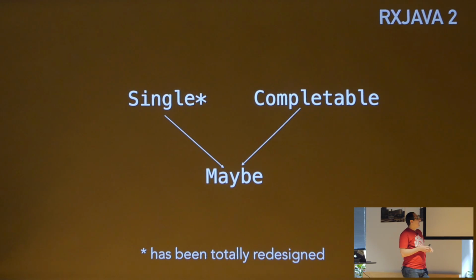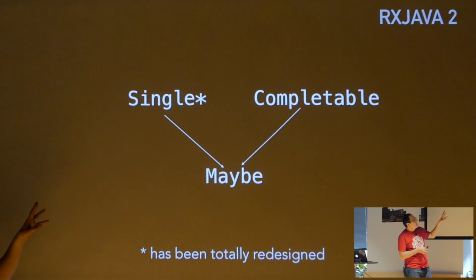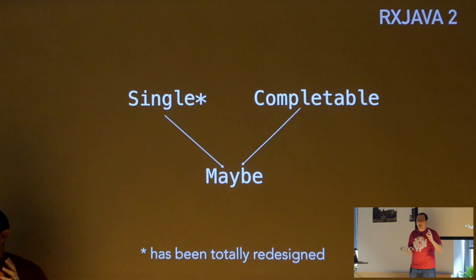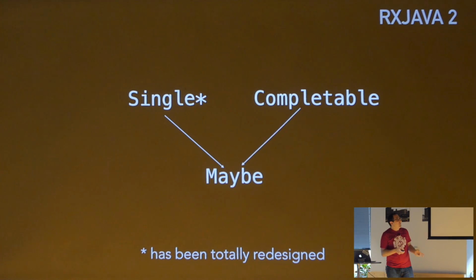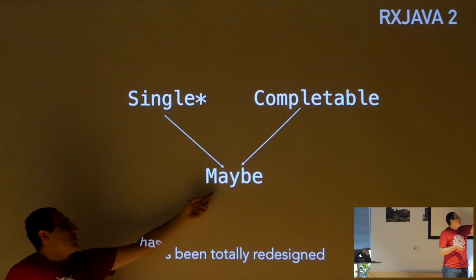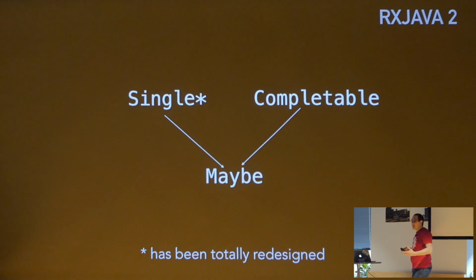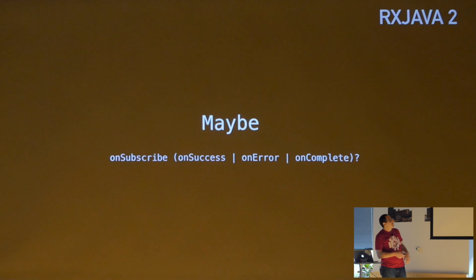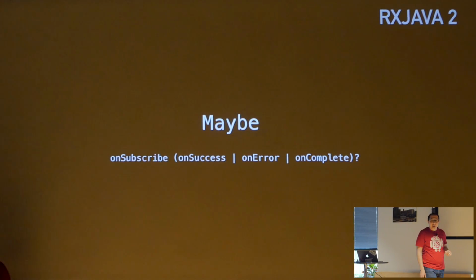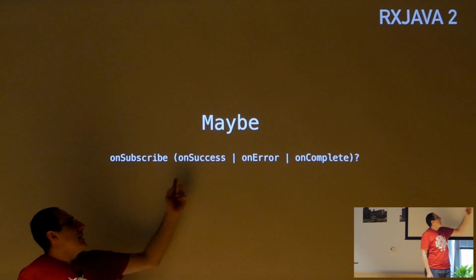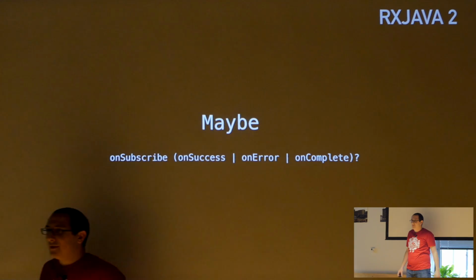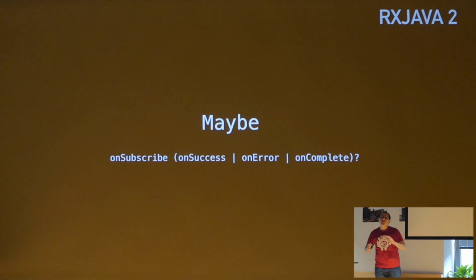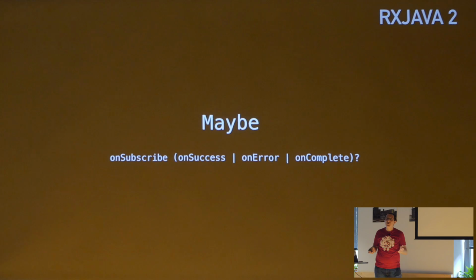Here we have a single that can emit onNext or onError, a completable that can complete or go onError, and then we have this one. Okay, this one is somehow the union of the other two, and it can emit any of those methods. So we are not sure which one will be called.